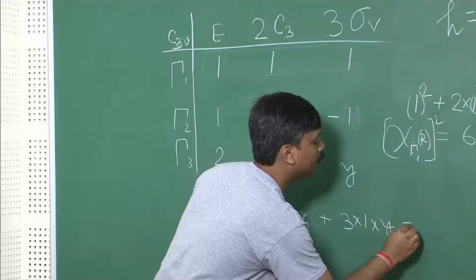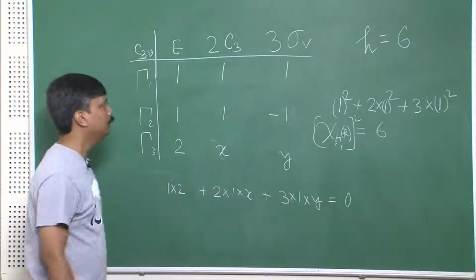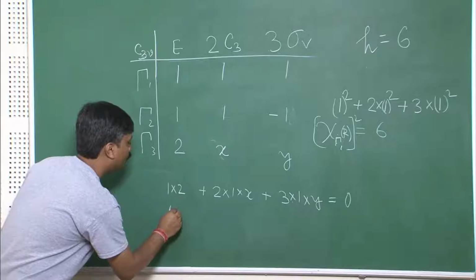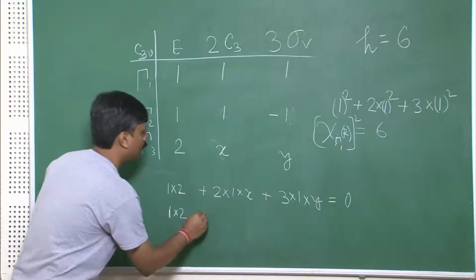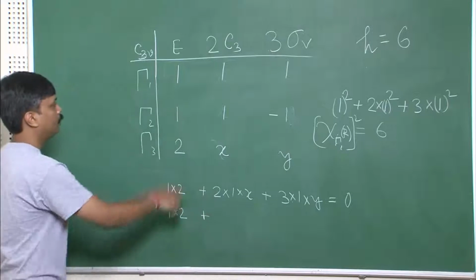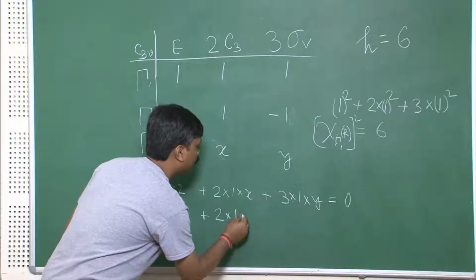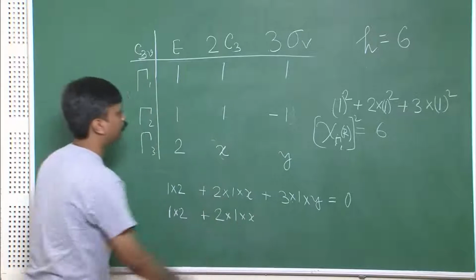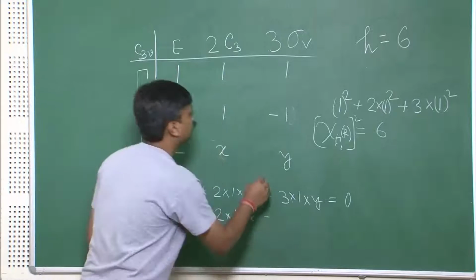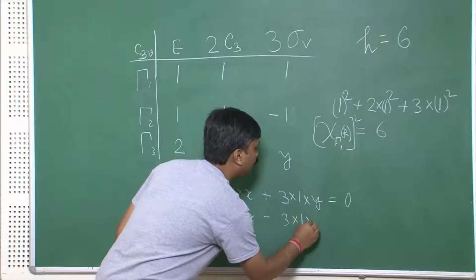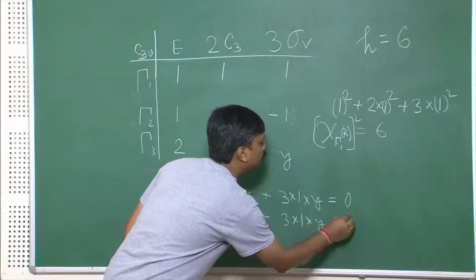And this should be 0 due to orthogonality. Similarly, I combine these two, so I get 1 into 2 plus 2 into 1 into x minus 3 into 1 into y equals to 0.